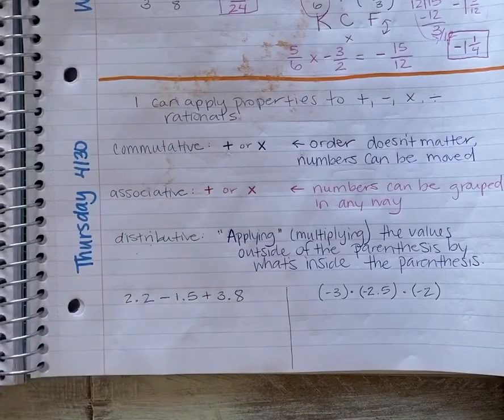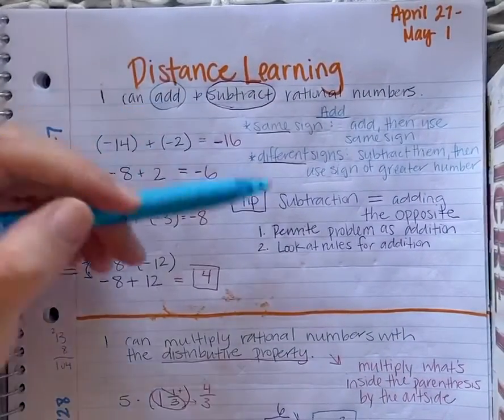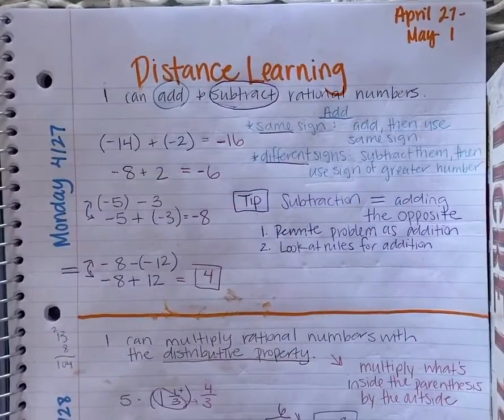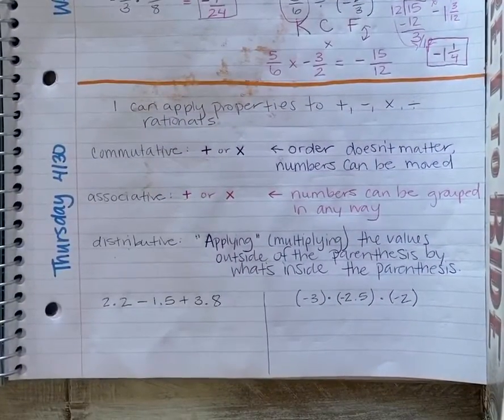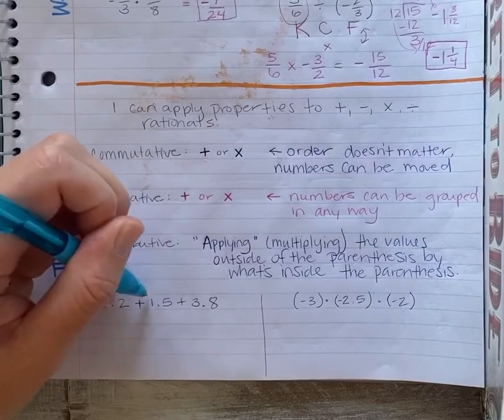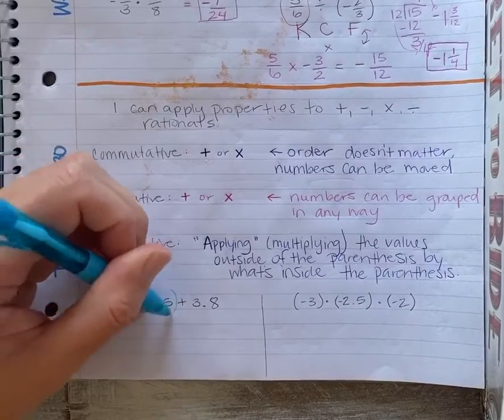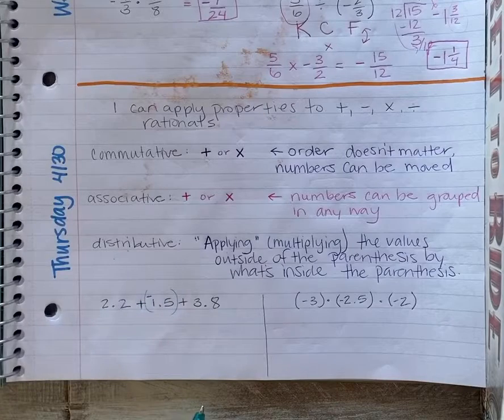Well, hopefully some of you remember Monday's lesson where we talked about subtraction being the same as adding the opposite. So if I were you, I would first change this to adding the opposite. So now we have not a 1.5, but negative 1.5. But I still haven't moved any numbers.